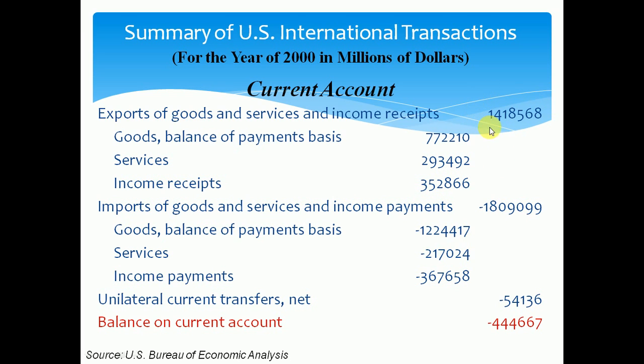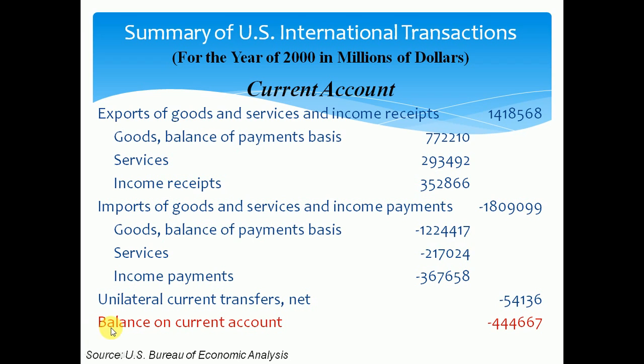So they received 14,18,568 and they paid 18,09,099. And for unilateral current transfers, they showed the net difference, it is 5,04,136, meaning they made a payment of this much.